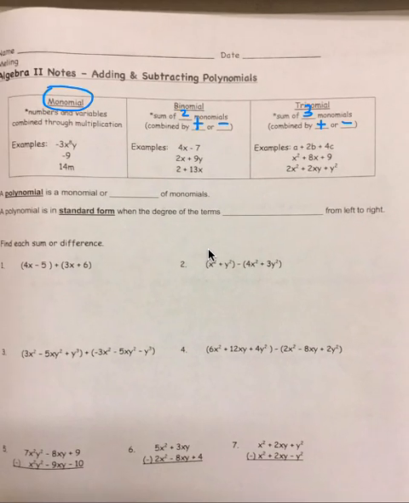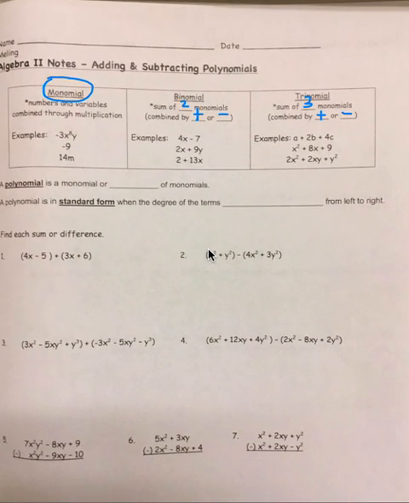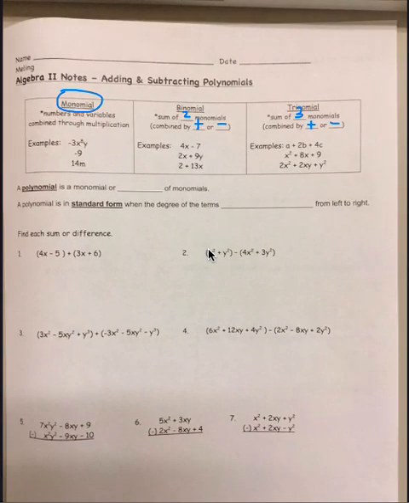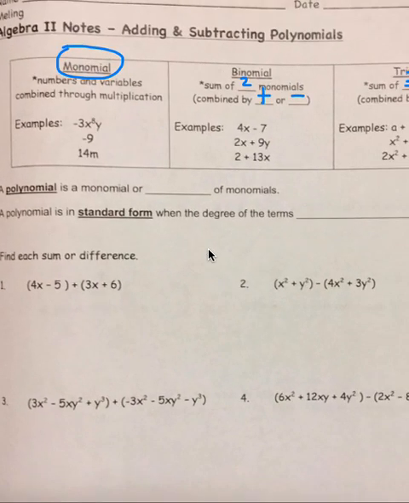Another definition that we need to talk about is a polynomial. A polynomial is one monomial or a group of monomials.